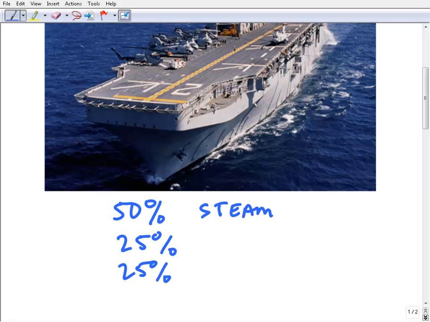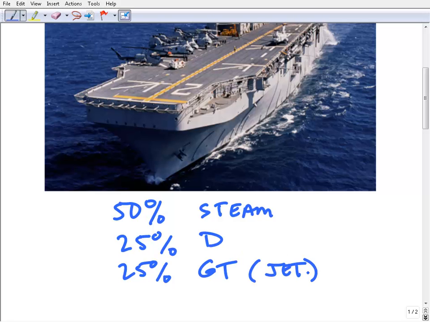So I'd say maybe half the vessels out there are operating on steam. The other half is composed of diesel engines, just like a big Mack truck running big, huge, gigantic diesel engines. And then the other portion would be gas turbine, and that's basically like a jet engine.